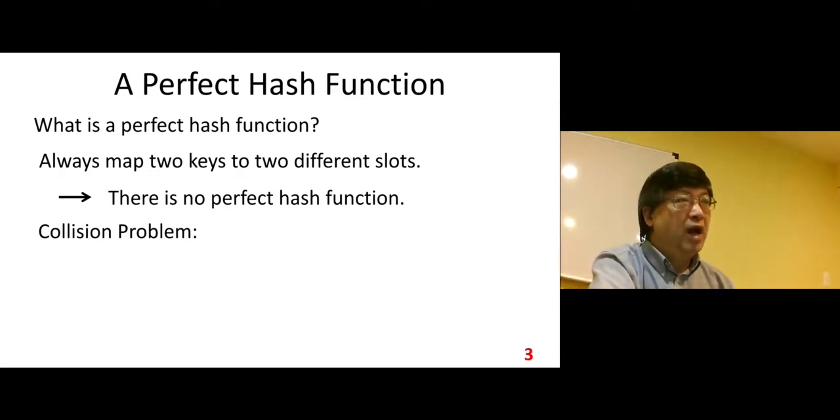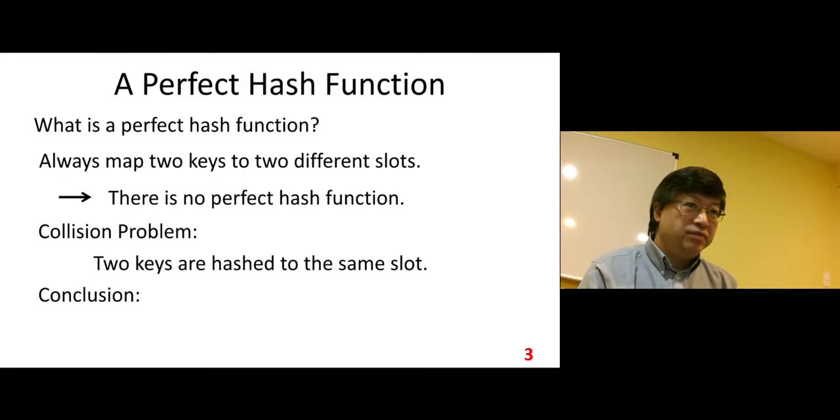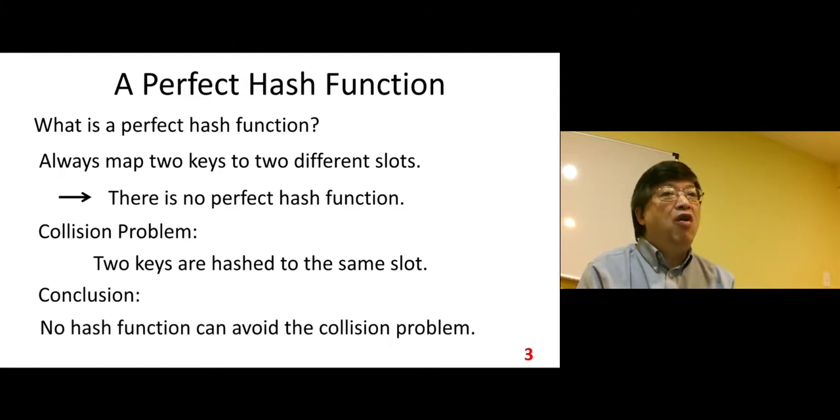So we need to handle that. Two keys are hashed to the same slot: the collision problem. So the conclusion: no hash function can avoid the collision problem. So you always need to handle it. You always need to have some strategy to solve the collision problem.